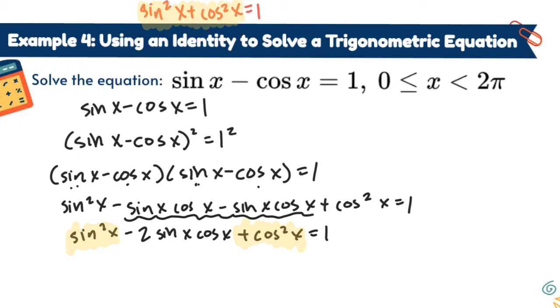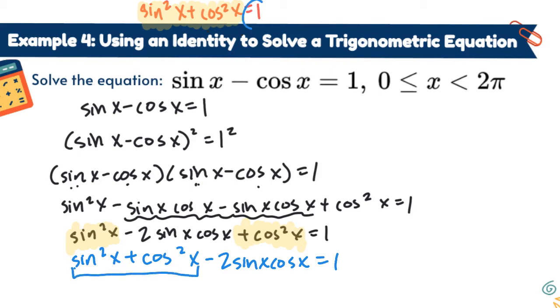So I'm going to rearrange these and write them like this: sine squared x plus cosine squared x, and then minus 2 sine x cosine x equals 1. Now I can replace this whole section here with 1.